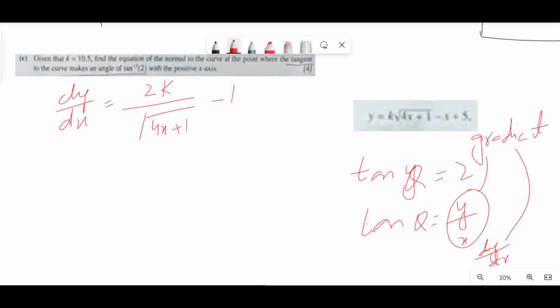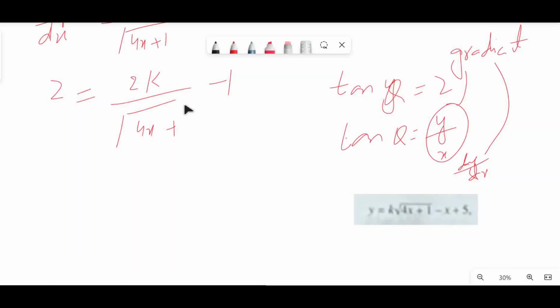So from here we can write 2 is equal to 2k divided by square root of 4x plus 1 minus 1. Now if we further simplify it, adding 1, this will become 3 is equal to 2k divided by square root of 4x plus 1.